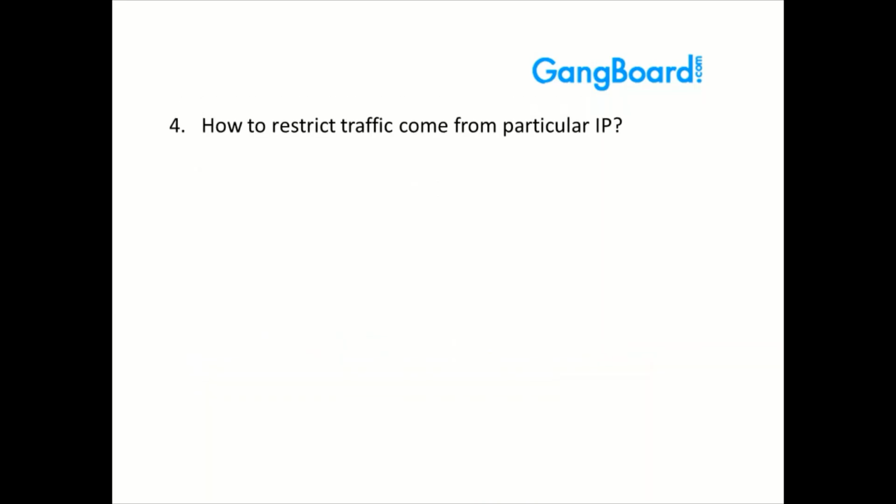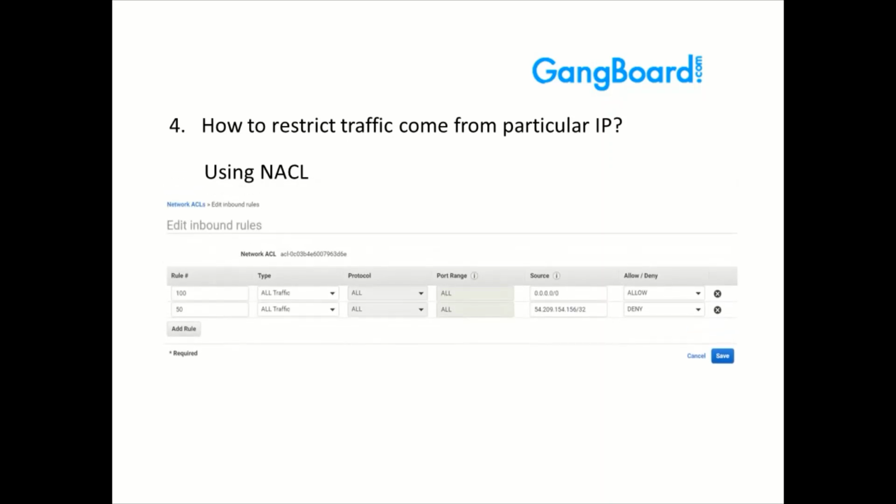How to restrict traffic coming from a particular IP? You can do this with NACL. So in NACL, select your NACL and then edit inbound rules. In that, add a rule and then choose all traffic, and in the source field you can give the IP address to restrict, and here you can choose allow or deny.